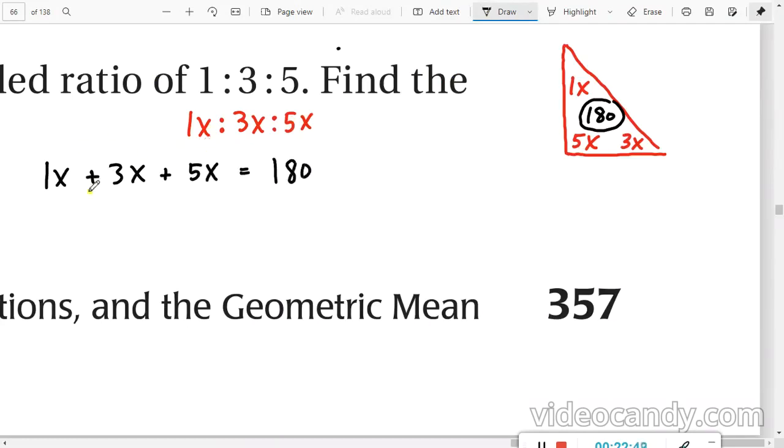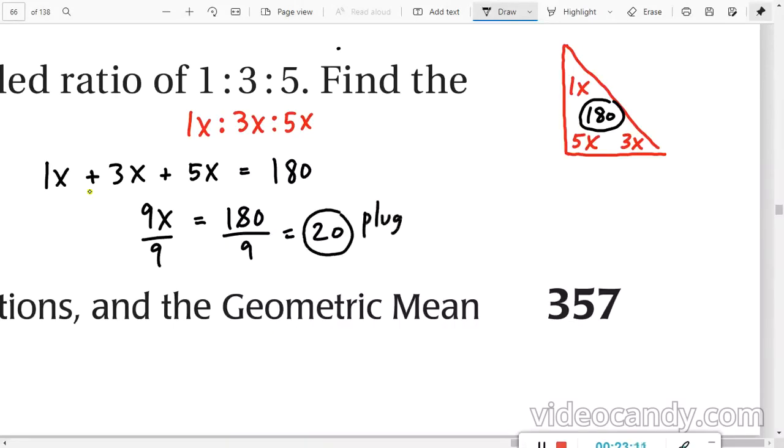Adding these 3, that's going to be 9x equals 180, and dividing both sides by 9, x is 20.